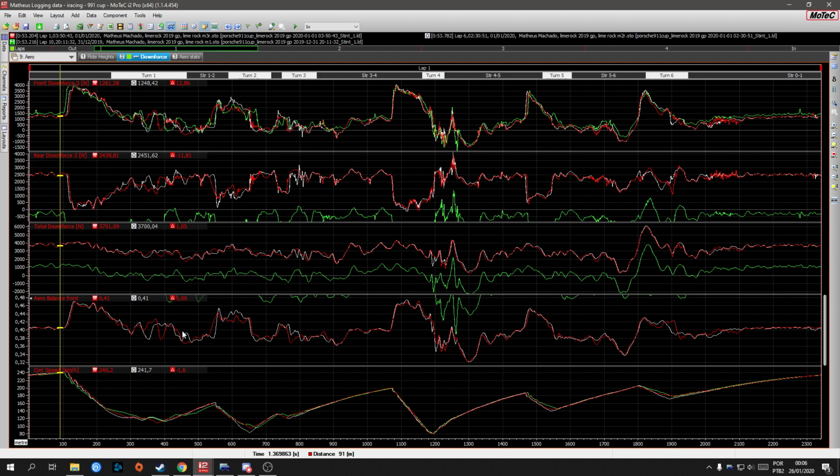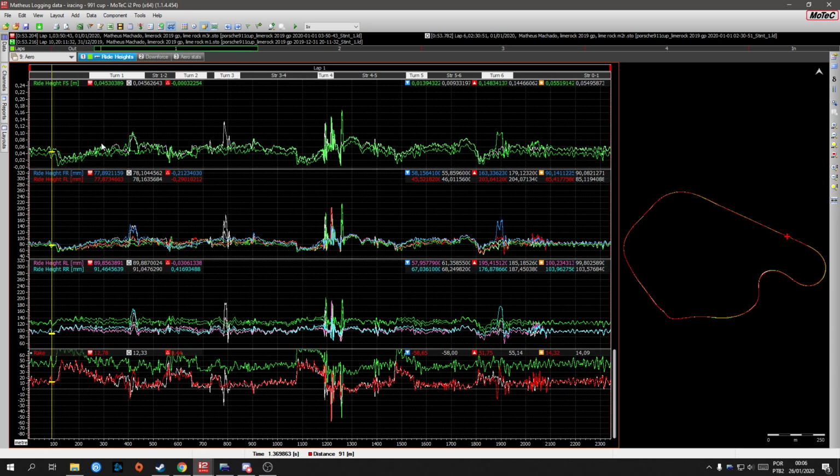This is quite interesting, because you would expect to generate a lot of downforce, because the car is basically a big wing with loads of rake. I think it has 50 millimeters of rake when it's static, and when driving it was getting way above that. It was still getting 40 millimeters.